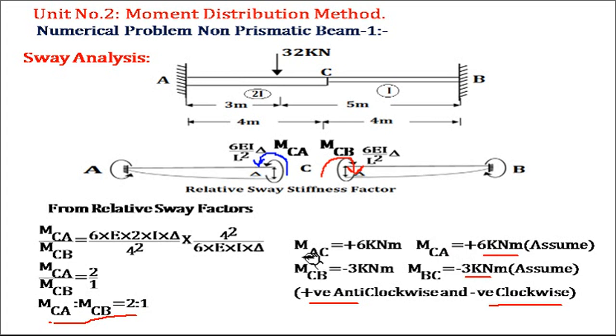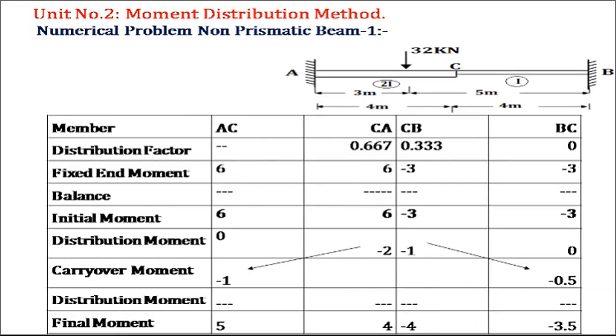Now the moment in members AC and CA will be the same, plus, because the moment is in anti-clockwise direction, and the moment in member CB is minus 3 because the moment induced due to the sinking of support is in clockwise direction, so minus. So we will take this moment as the fixed end moment for the sway analysis.